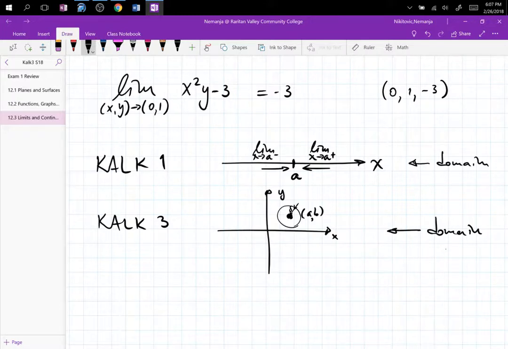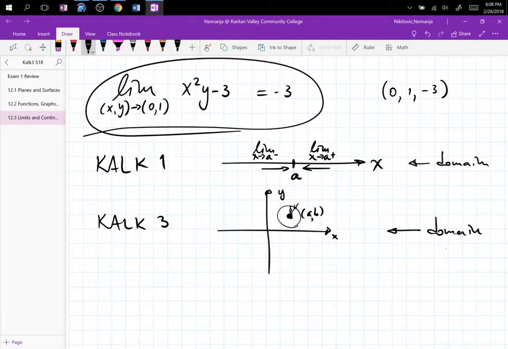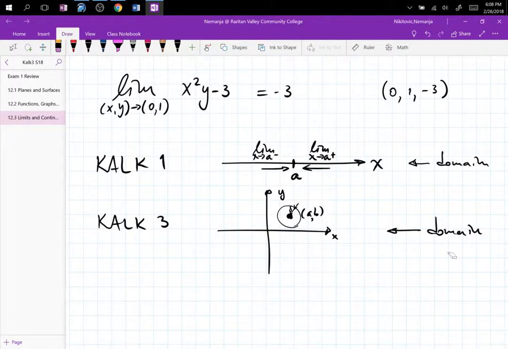If you remember epsilon and delta in the limit definition from Calculus 1, you still have epsilon and delta, but the delta now is the radius of the disk that goes around (a, b). And because of that, we are going to have a much harder time computing limits that are not as easy as the one we computed earlier, where you can just plug stuff in and be done.